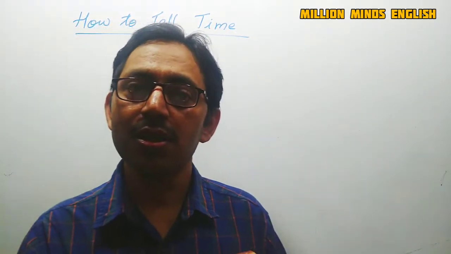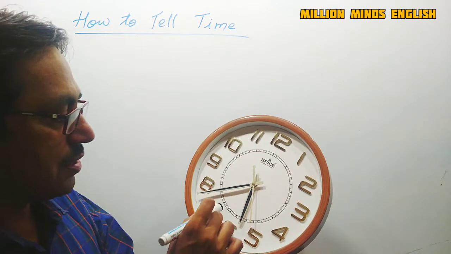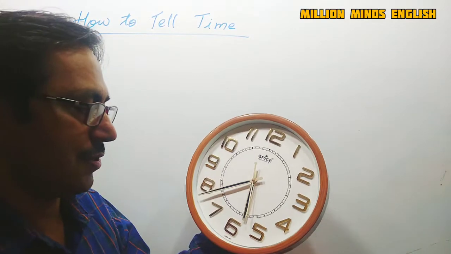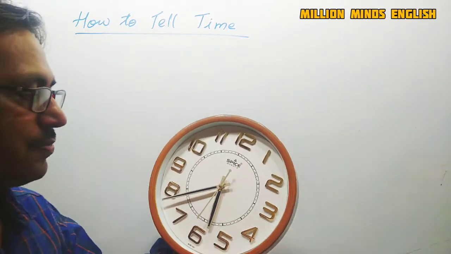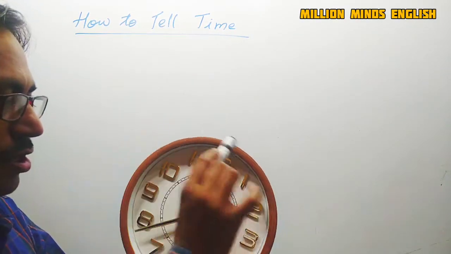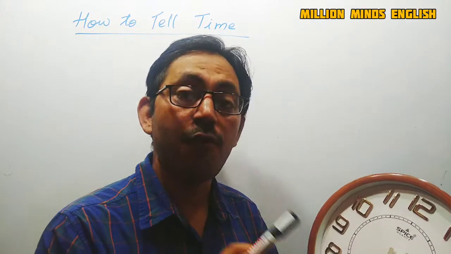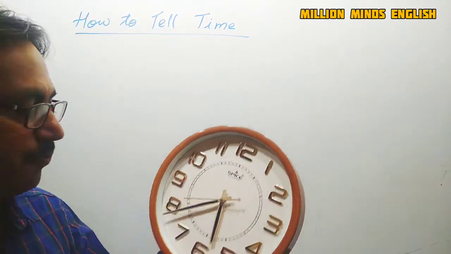Very first thing, we should learn what we call these needle-like structures that are used to tell time in a clock. This is a clock, friends, or you can say a wall clock. It's also called a wall clock.